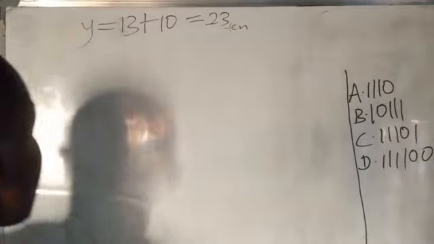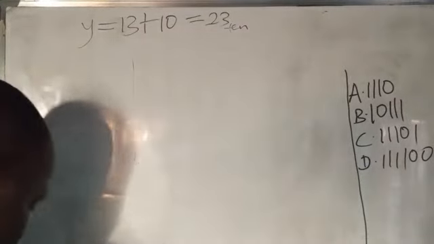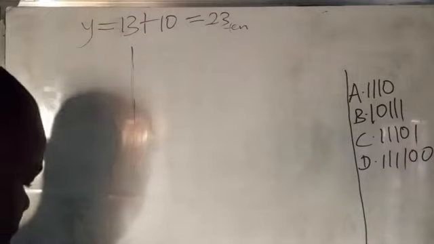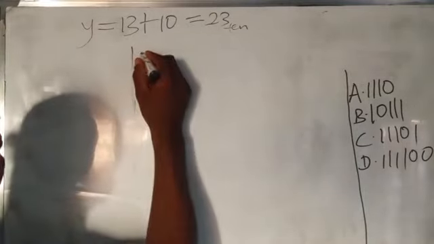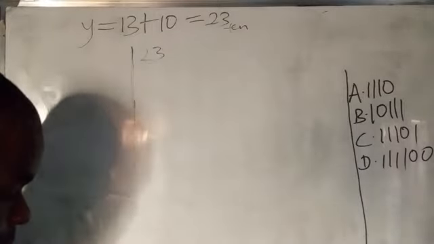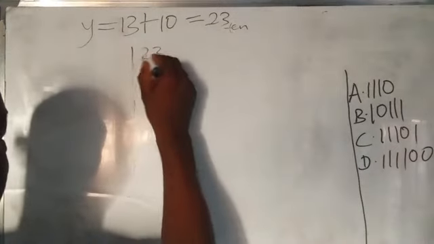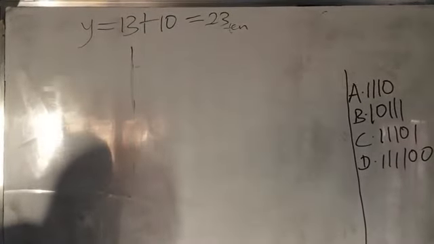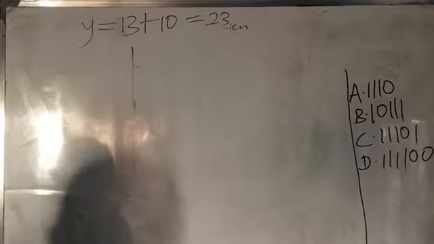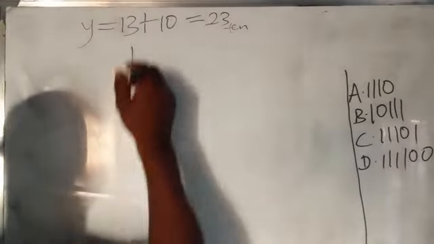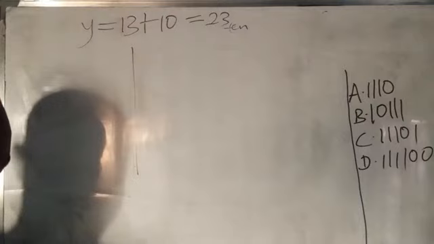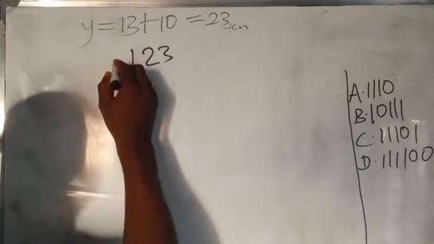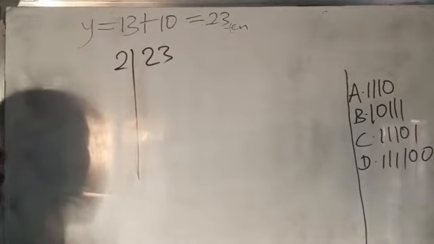So now you write your 23 here, then write 2, which is the base you want to convert base 10 to.